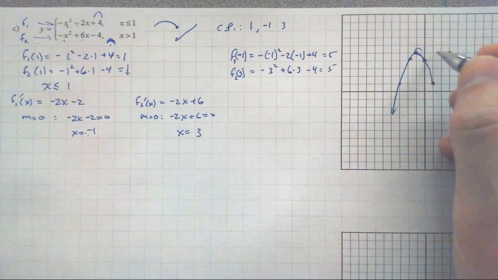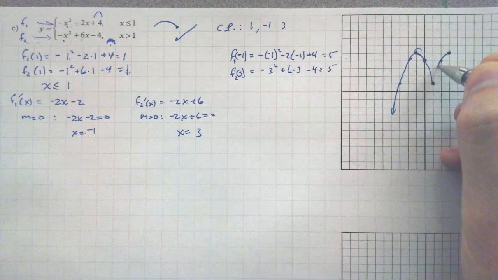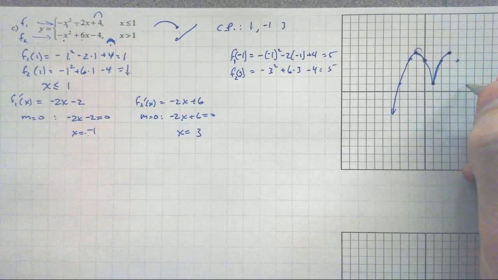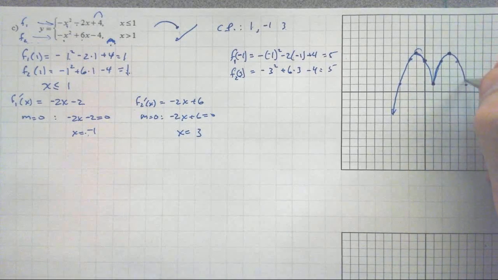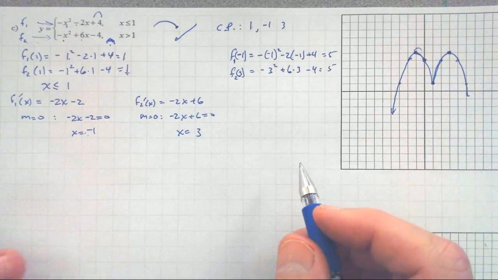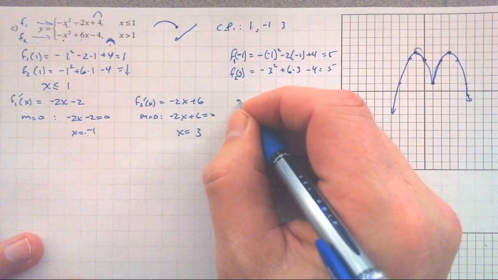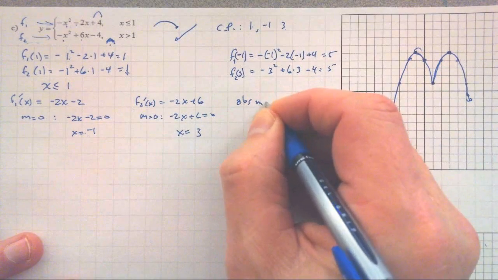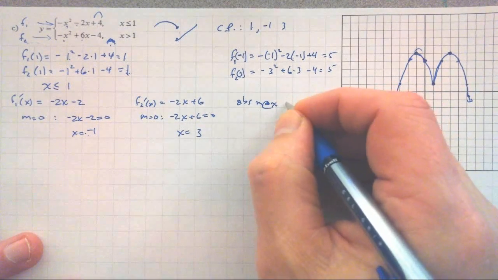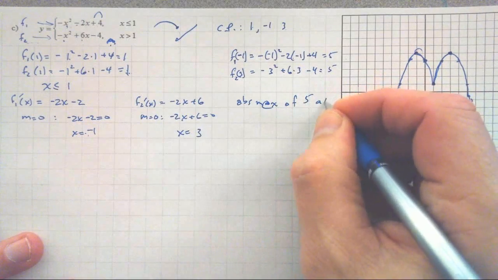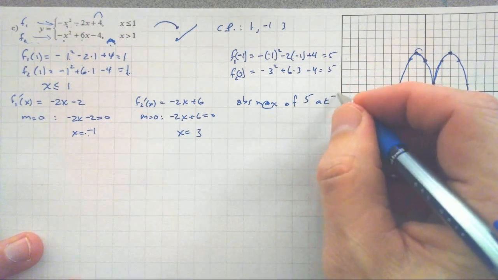We are over 1 down 1 because it's an upside down parabola. We have this same point right here. We have a mirror line. This graph looks like this. And therefore, because this goes down forever, we have an absolute max of 5 at -1.